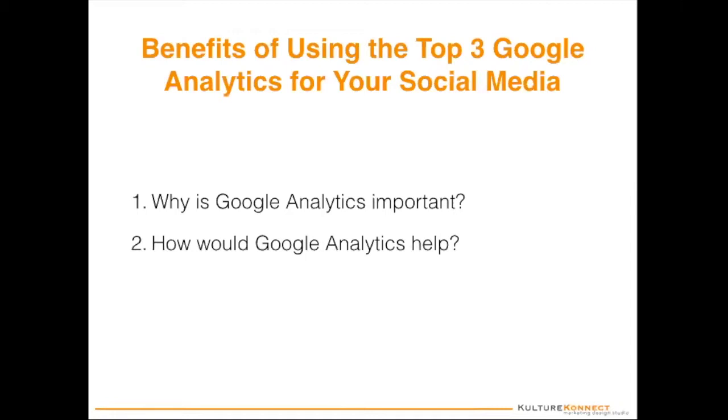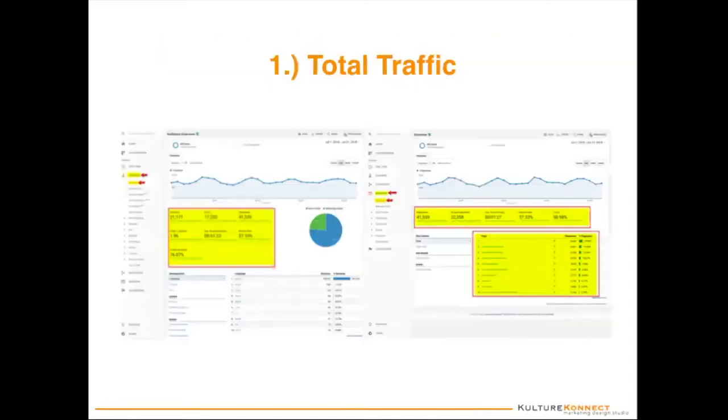We already talked a little bit about why they're important and how they will help. So I'm just going to jump over to the next slide. And the first slide will talk about total traffic. So total traffic is really similar to reach in terms of social media, but the difference here is that it is completely based on your website traffic, okay?